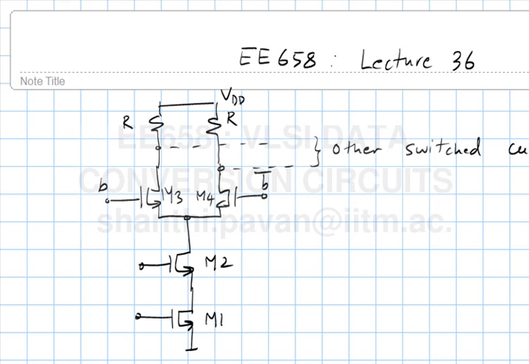M1 is the basic current source, and the size of this is simply determined by matching considerations.